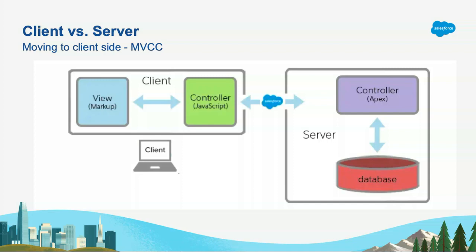Now you have both a client-side and a server-side controller: a controller in the browser and a controller on Salesforce. This is sometimes known as MVCC. We have two controllers now, one on the client side, which is our JavaScript, and our Apex controller still lives in Salesforce.